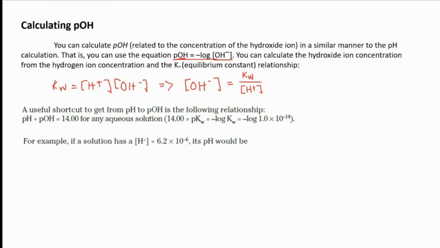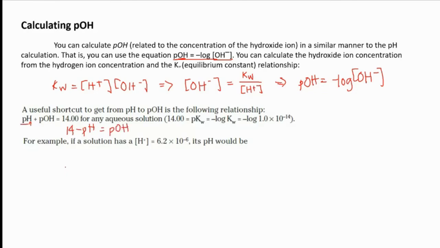Pero pOH yung unknown, so kapag nakuha mo na yung OH, ilagay mo siya dun sa pOH, which is the negative log of concentration of OH negative. Or simply, kapag meron kang H plus, convert mo siya into pH, and then pag pOH yung unknown, 14 minus pH is equal to pOH.